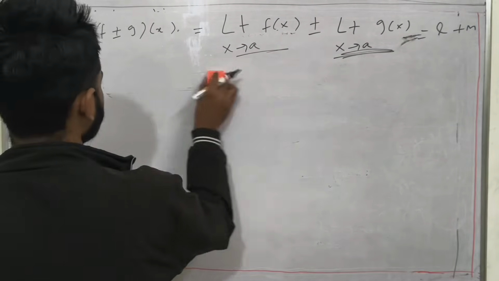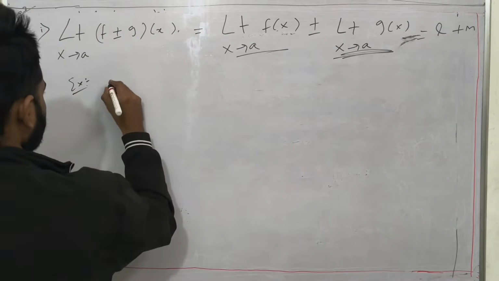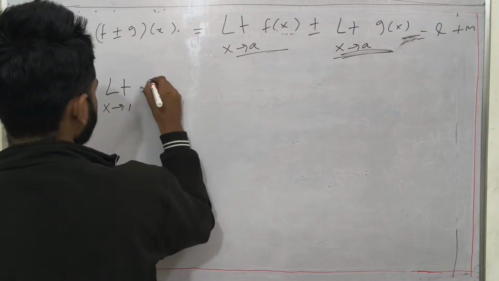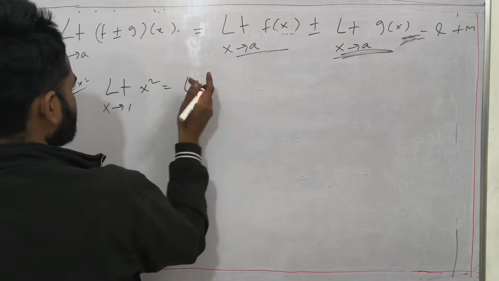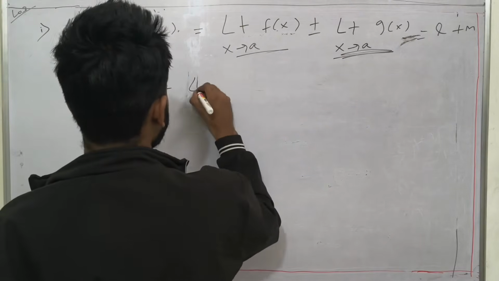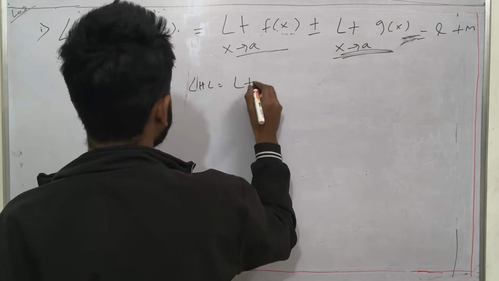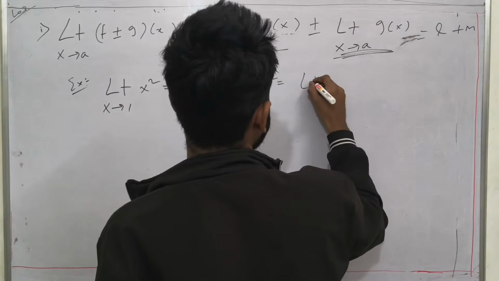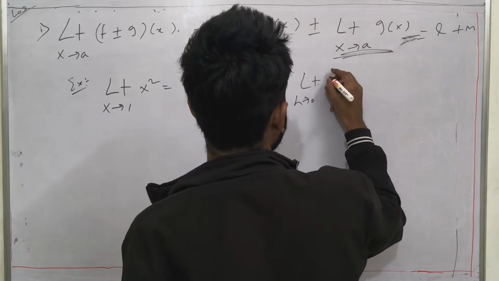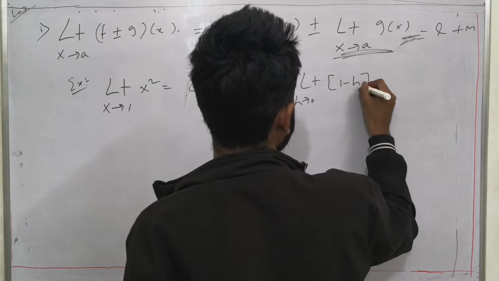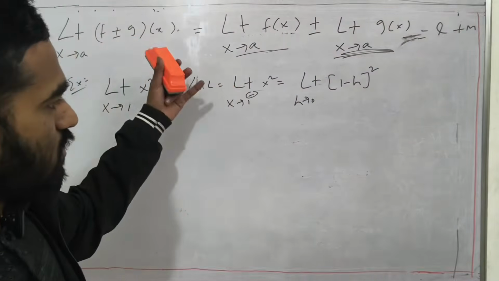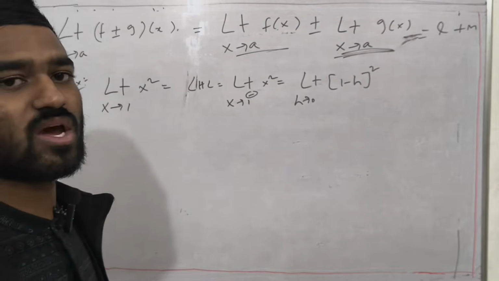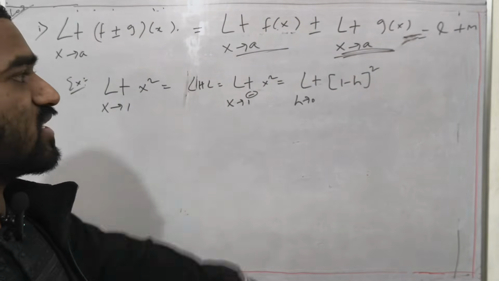So let's see whether they are existing or not. Limit x tends to 1 of x square, let's find the left hand limit. Left hand limit equals limit x tends to 1 minus x square equals limit h tends to 0 of 1 minus h whole square, because limit x tends to 1 minus f of x equals limit h tends to 0 f of 1 minus h.